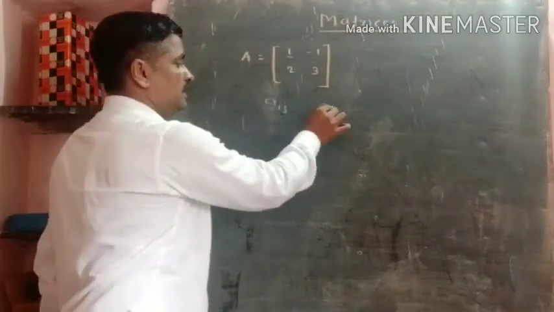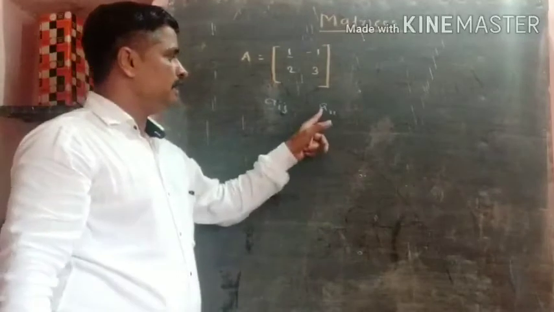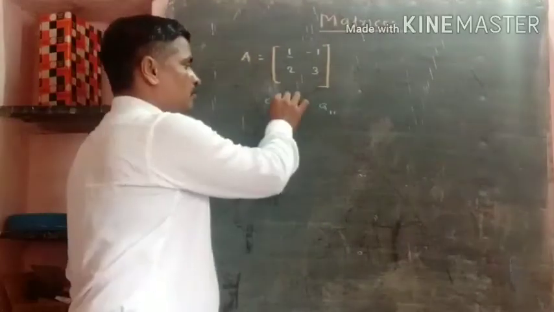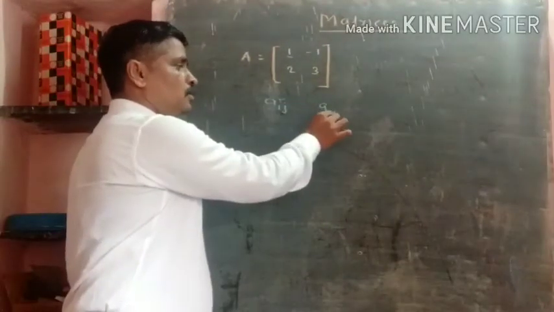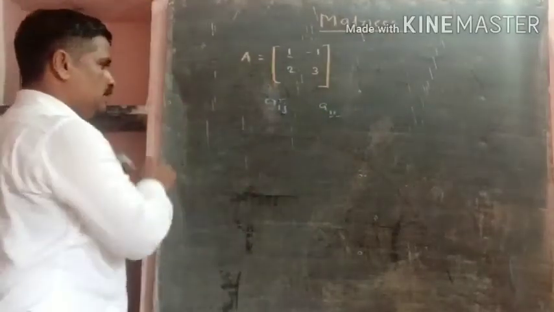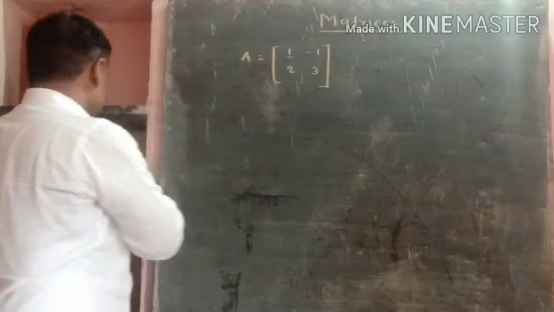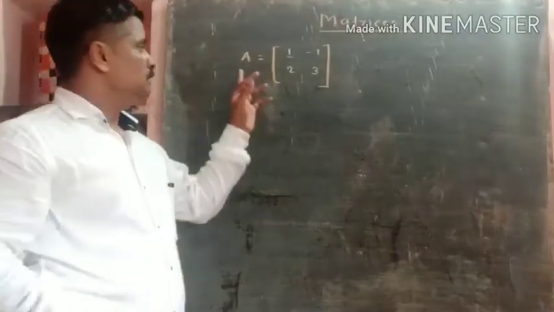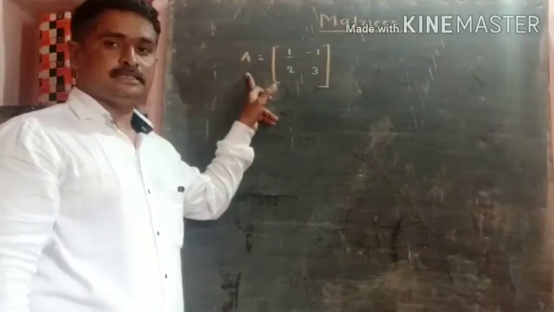It has the notation A11, where one denotes the row and the other one denotes the column. So it is sufficient. Now consider we have to find the inverse of the matrix.